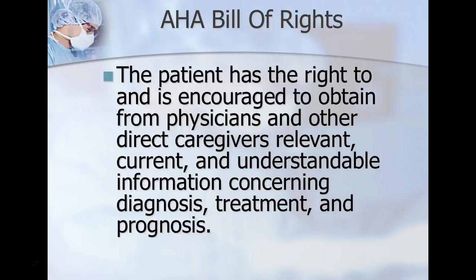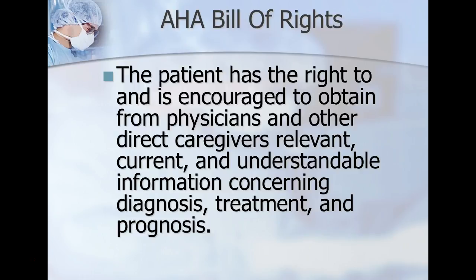Now, in the American Hospital Association Bill of Rights, things like the patient has the right to obtain from the physician and other direct caregivers relevant, current, and understandable information concerning diagnosis, treatment, and prognosis.